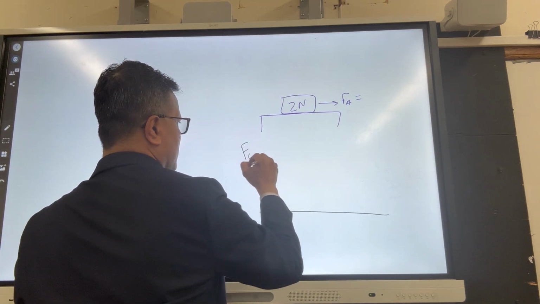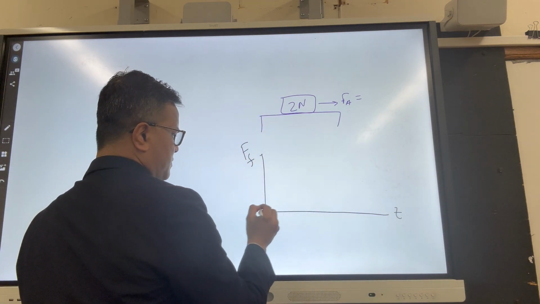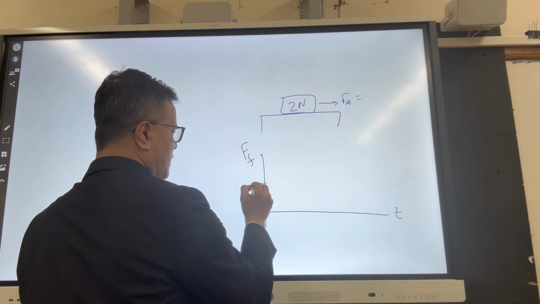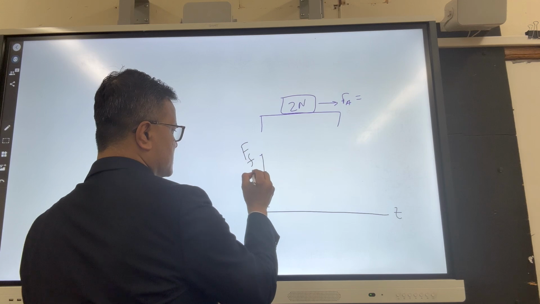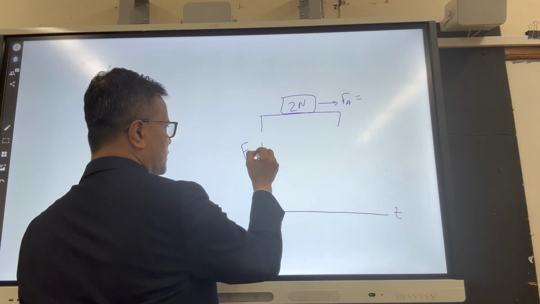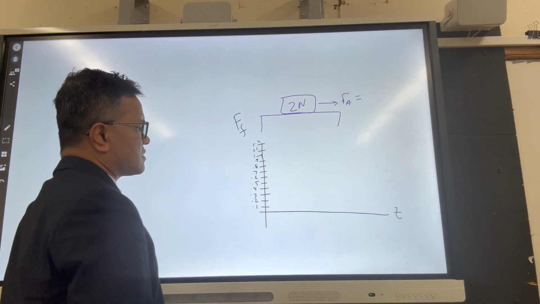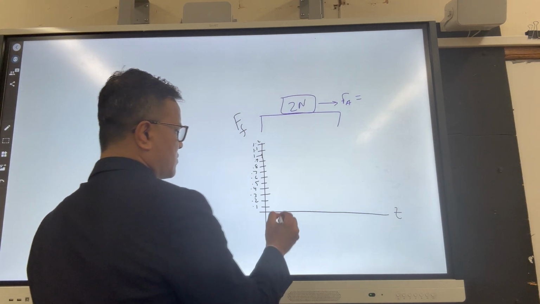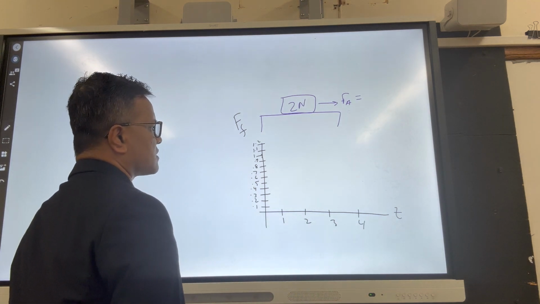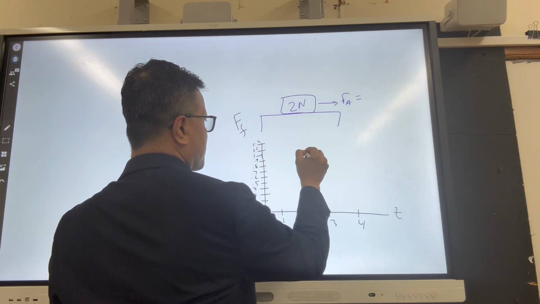This is force of friction, and this is time, with 0.1, 0.2, up to 1.2 and so on. Let's say 1 second, 2 seconds, 3 seconds, 4 seconds. At 2 seconds, an interesting thing happened.